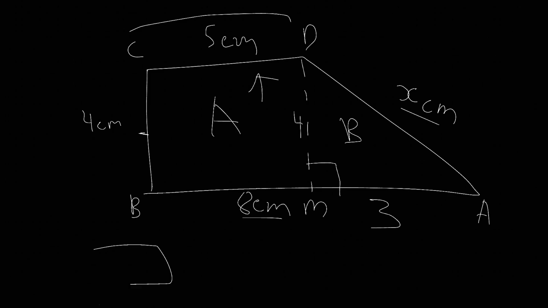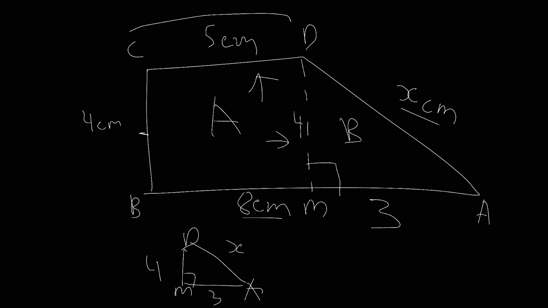As in a rectangle, if I have A and B, and then I have C and D, C is equal to D, and A is equal to B. So this 4 over here is going to also be 4 over here. So I have two sides now. So let me reconstruct the triangle here. I have 4, 3, and x. And now is when I can use Pythagoras to find x.